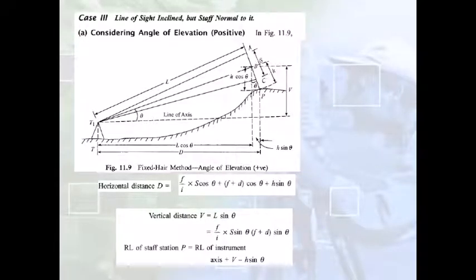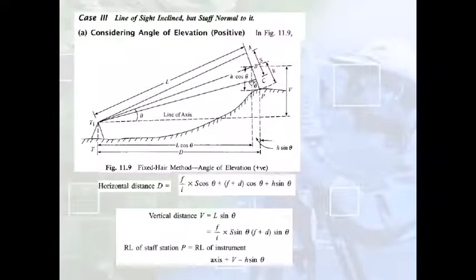But since that staff is inclined, the distance that we get without using this factor is the distance up till this point B. But now what we need to do is to add this added distance. Now let's see how to calculate this distance.